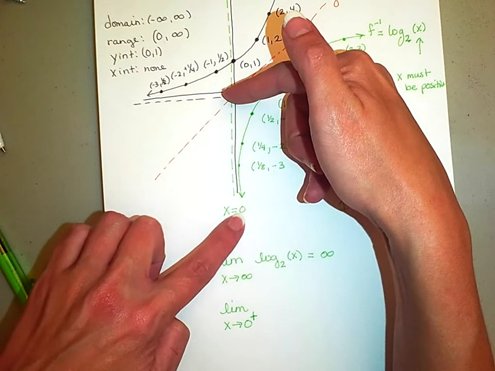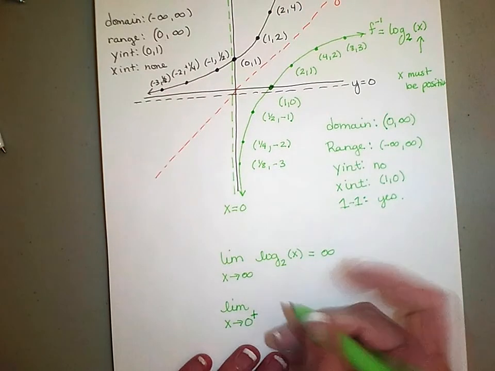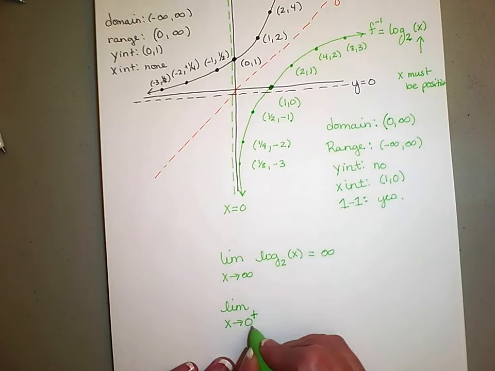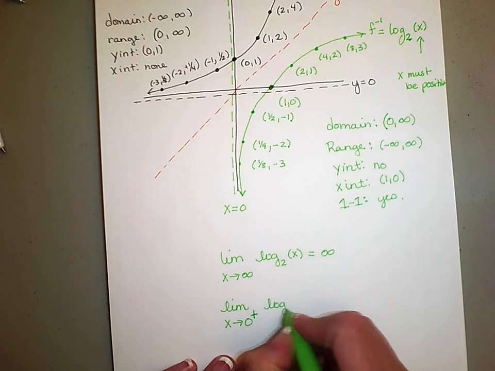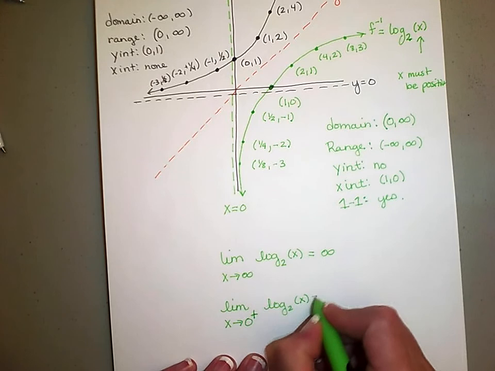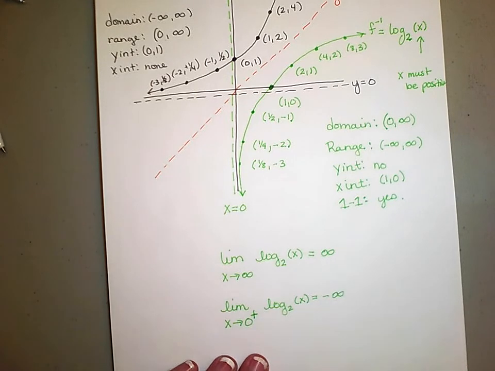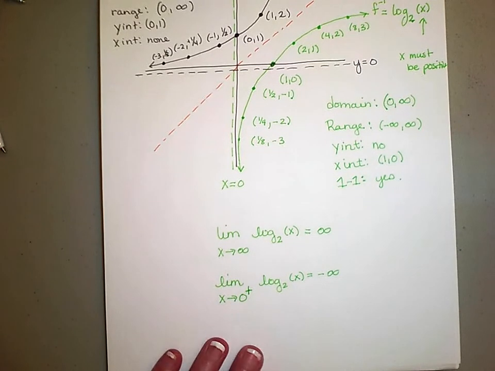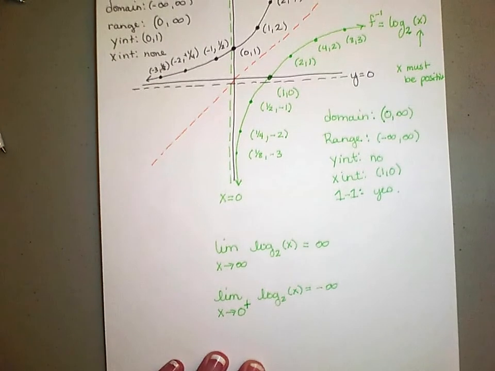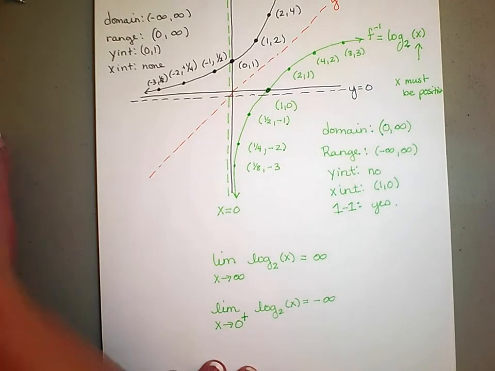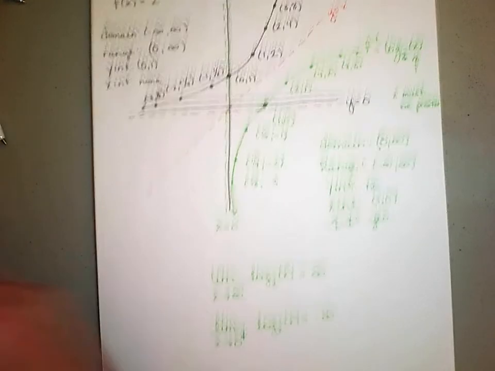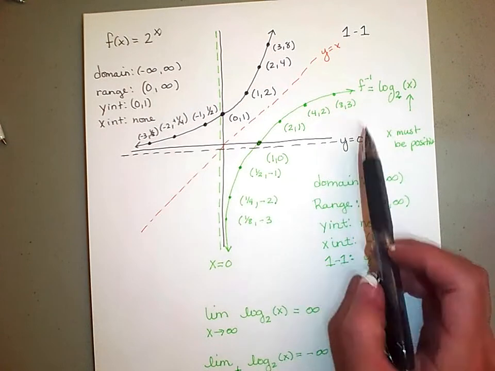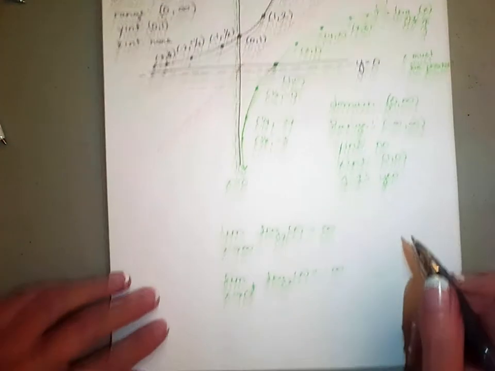The function is diving. That is, the limit as x approaches 0 from the right of the log base 2 of x is equal to negative infinity. So these are some characteristics of 2 to the x and its inverse, the log base 2 of x.